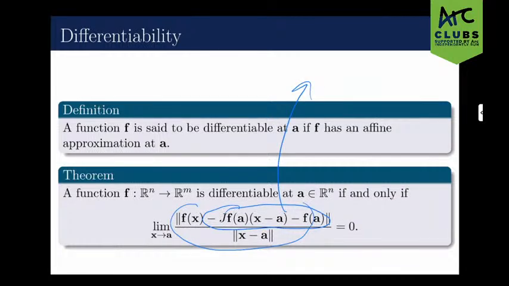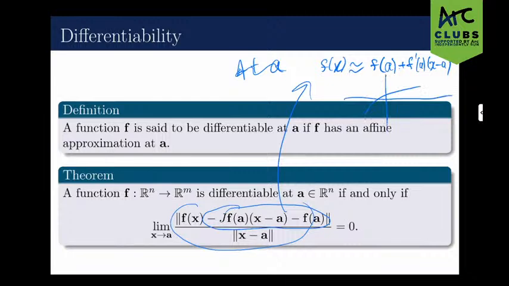In the single variable case, we can say that f of x, around a point A, is approximately f of A plus f dash A times x minus A. If I have a random function at some point A, then this is the equation for this line.